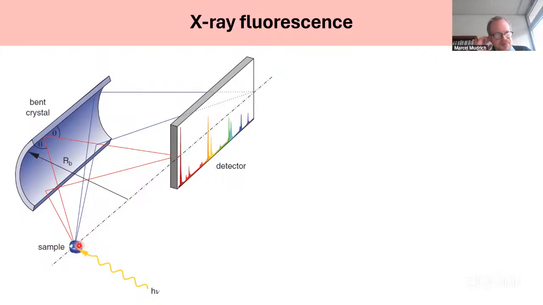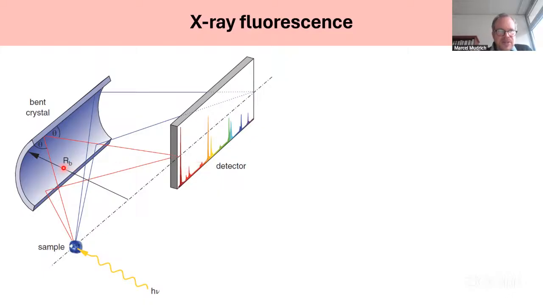Then the inner shell holes are filled by Auger processes, or the excited states are de-excited by fluorescence emission, by just an electron falling into the hole and emitting the binding energy in form of photons, which produces these characteristic X-ray fluorescence spectra. So, of course, in order to resolve these spectra, we need some dispersive element.